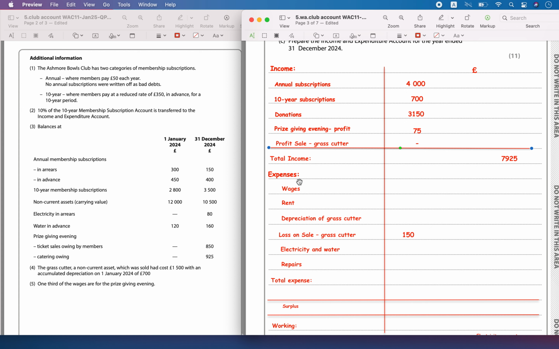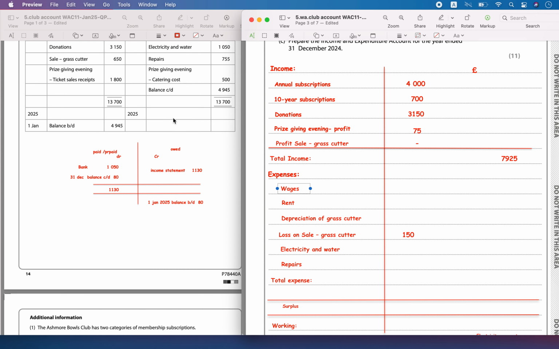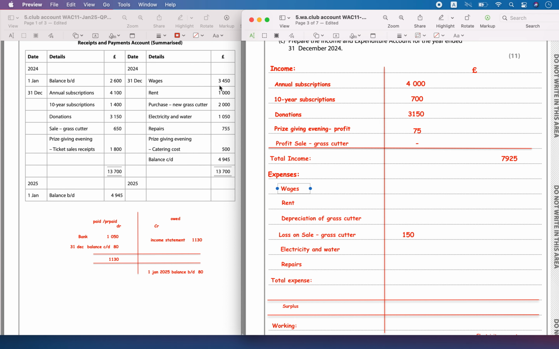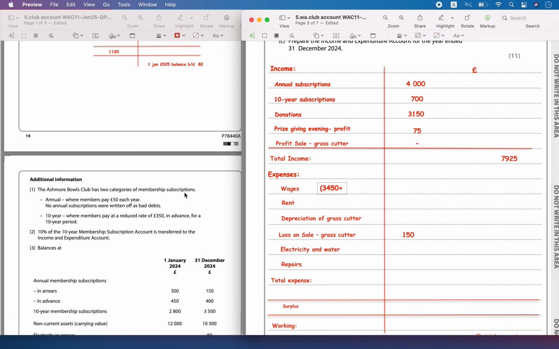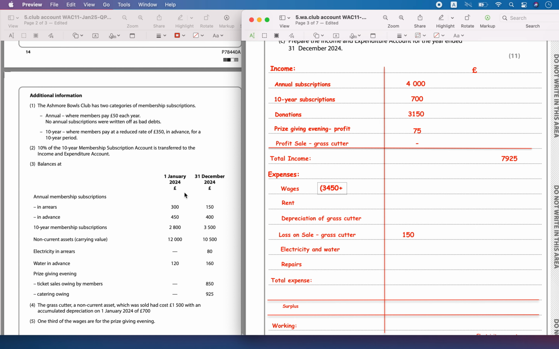This was the total income. Now let's calculate the expenses, starting with wages. The wages were 3,450. Then was there any other change to the wages? We have to see.